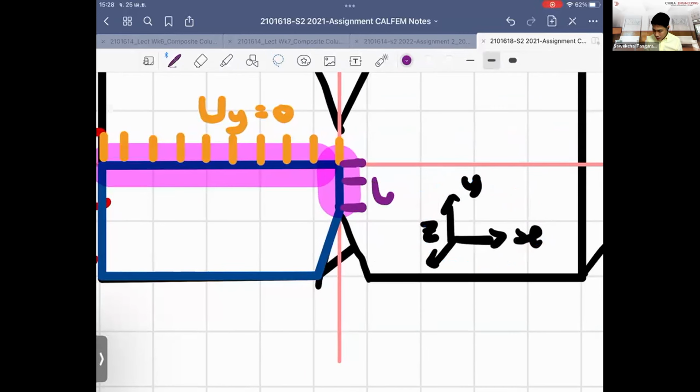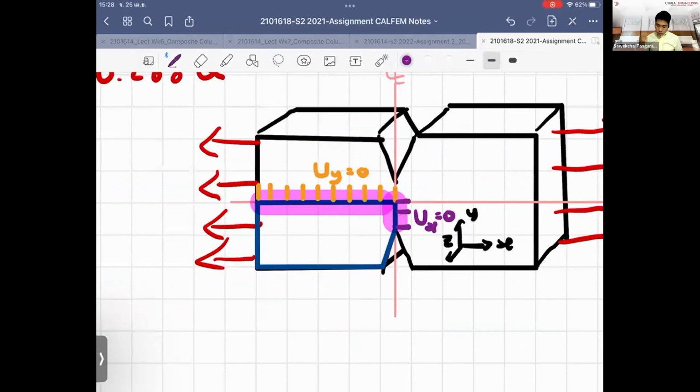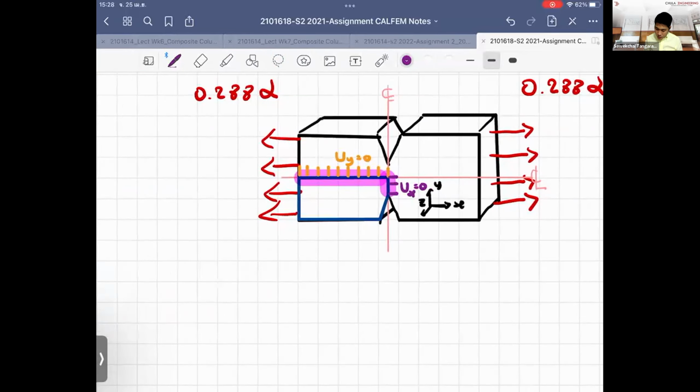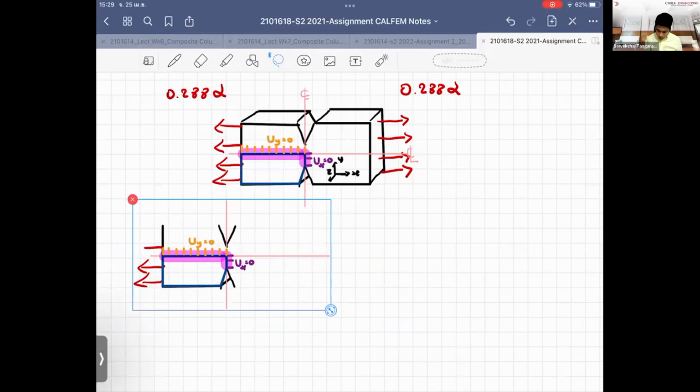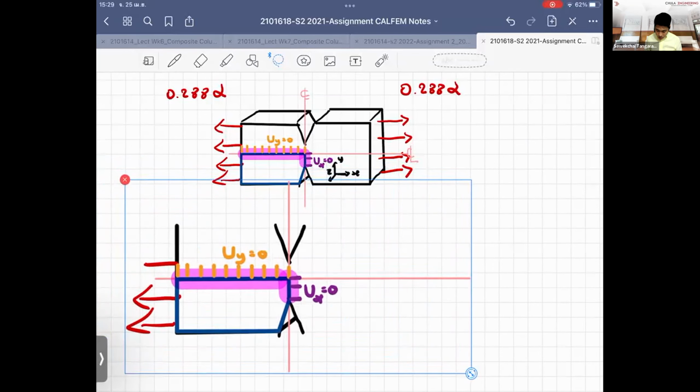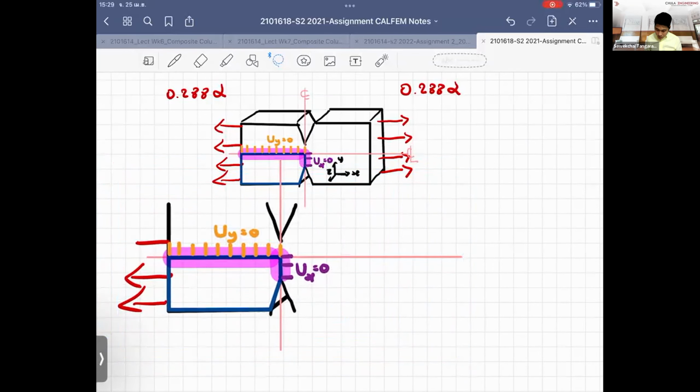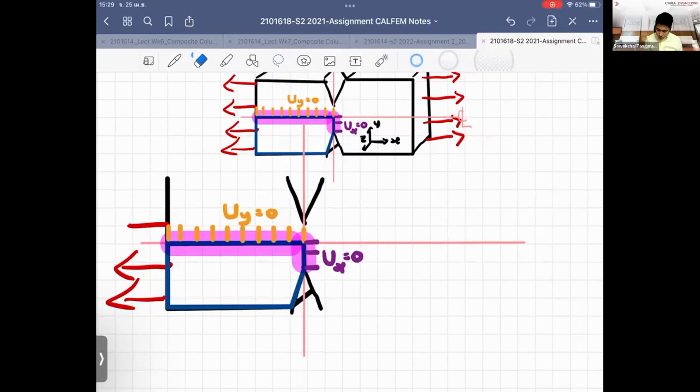So I'm saying here that ux equals 0. By having this, we can now take this out and put it into our structure model. We expand it and make it big, because we want to investigate the behavior of the notch. Let me clear this up.